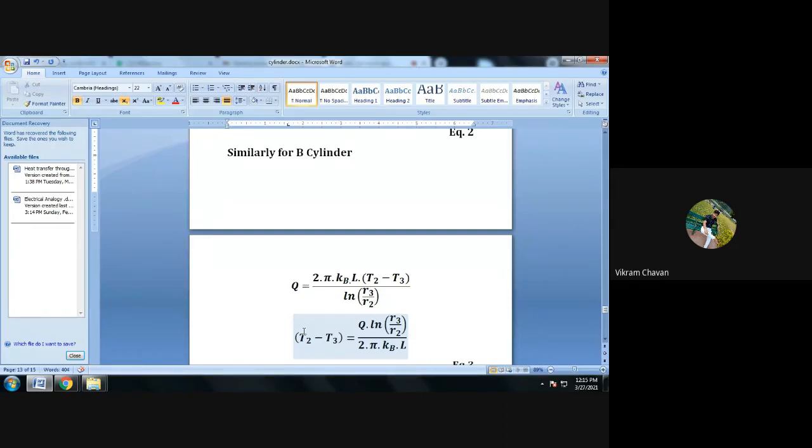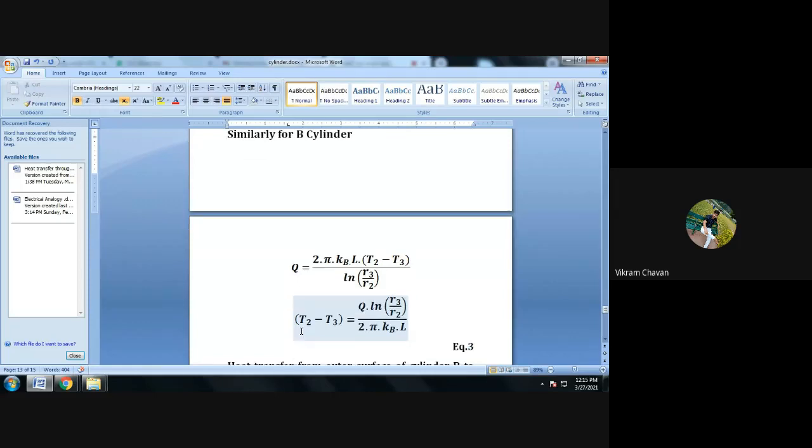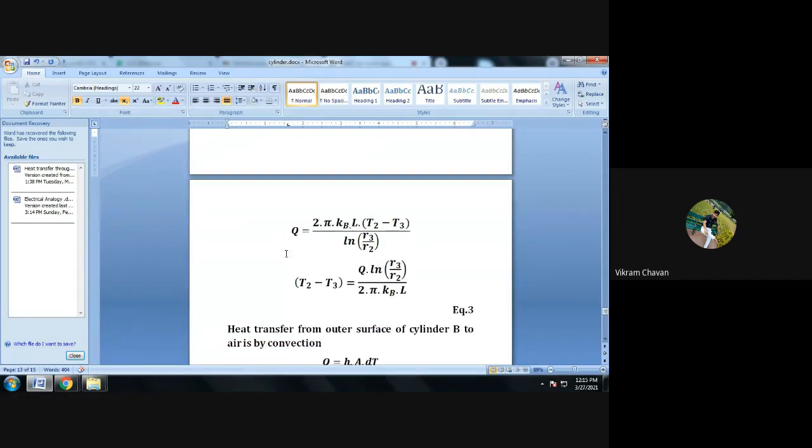Now we have to convert this equation in the form of a temperature difference, by keeping T2 minus T3 on one side and shifting all other terms to the other side.